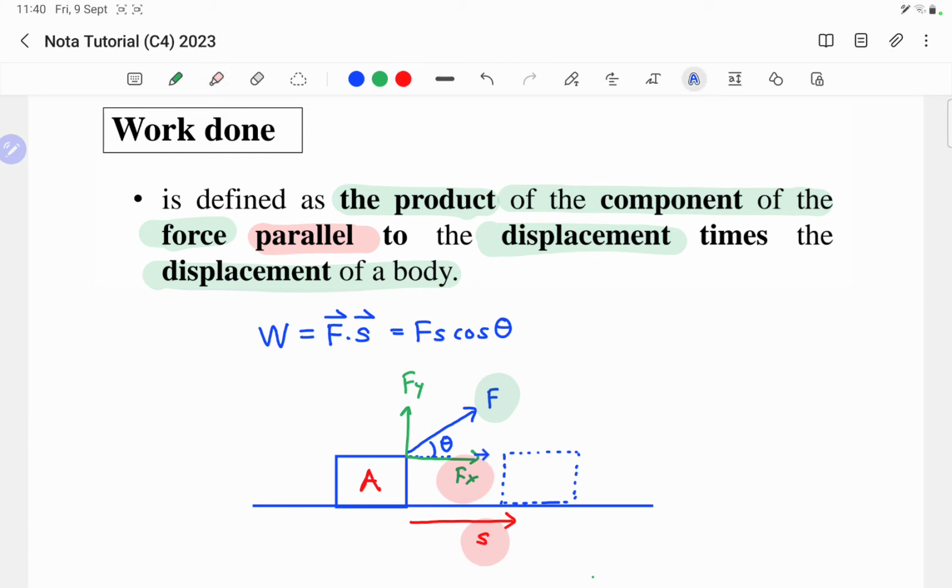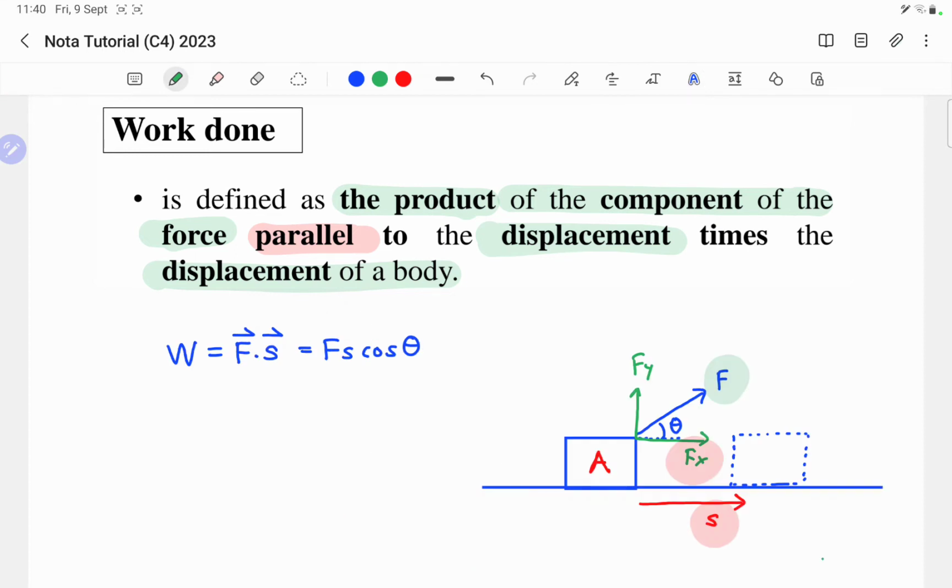The product, hasil darab, of the component of force, the component of force that is parallel with the displacement, times the displacement. So maybe I can write it this way: component of the force times the displacement, in which Fx is equal to F cos theta, dot S. So this one is basically the same as the formula given.